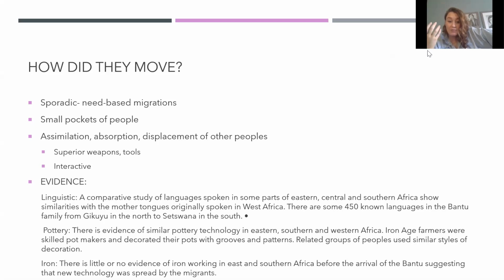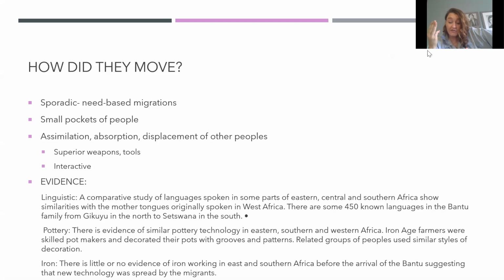So they displaced people as they moved, but they also assimilated into cultures that were already existing and absorbed those cultures into themselves. The Bantu people tend to absorb the cultures that they came in contact with because the Bantu people have a more sophisticated way of life, comparatively speaking. They have more sophisticated tools for farming. They have better weapons.